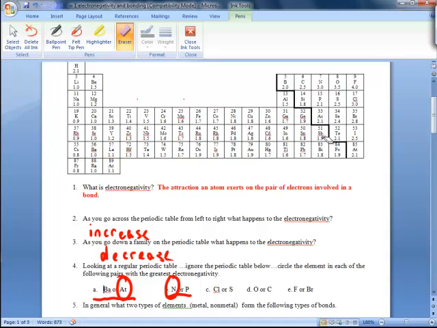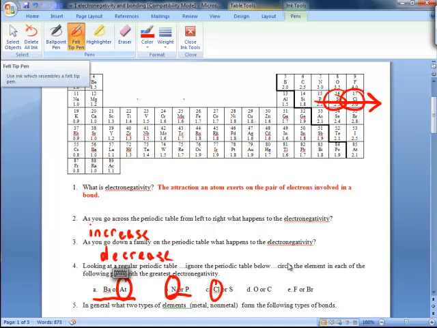Chlorine or sulfur? Well, here's chlorine. Here's sulfur. They're side by side. And as we go left to right, we get to bigger and bigger electronegativities. So the chlorine is going to have a larger electronegativity.